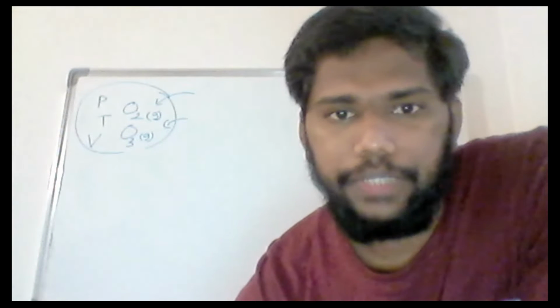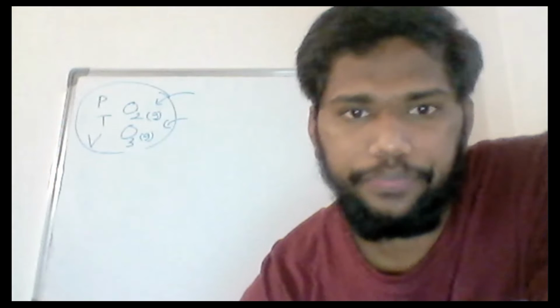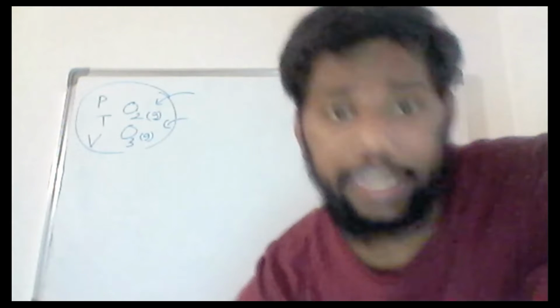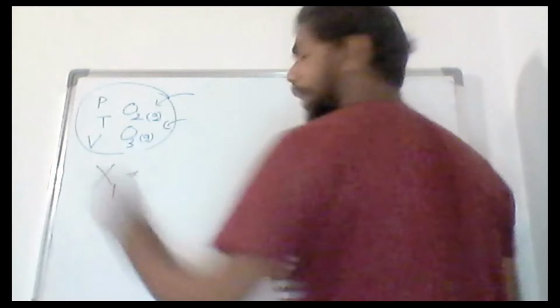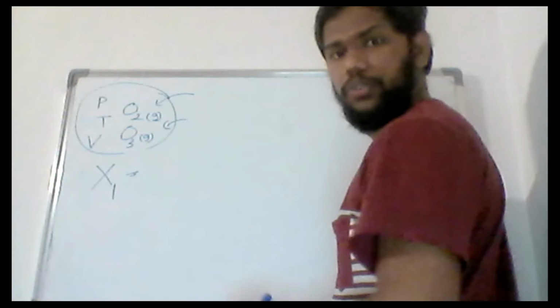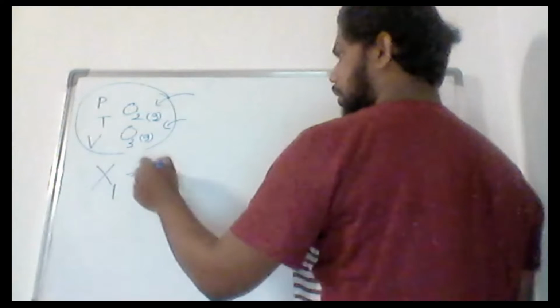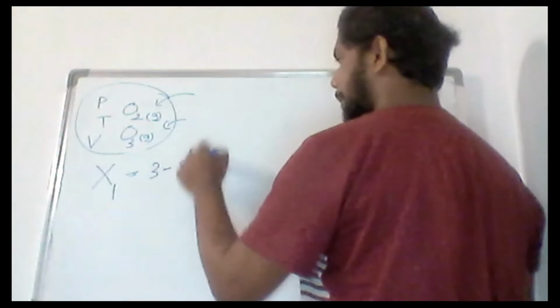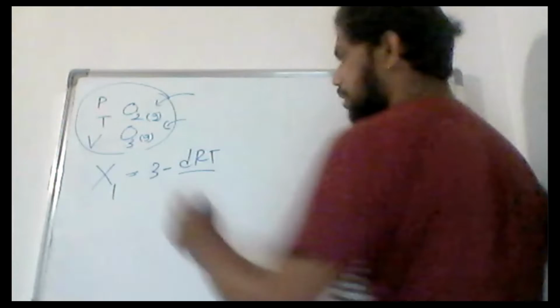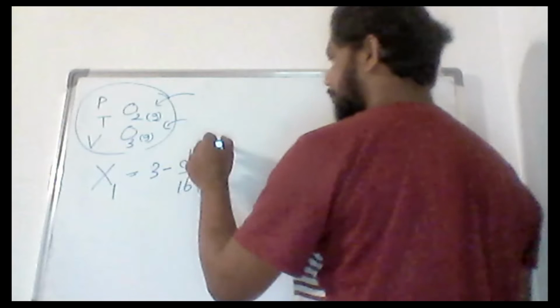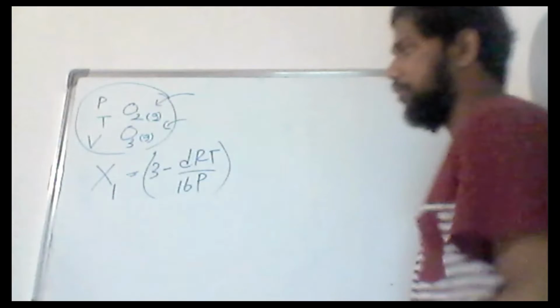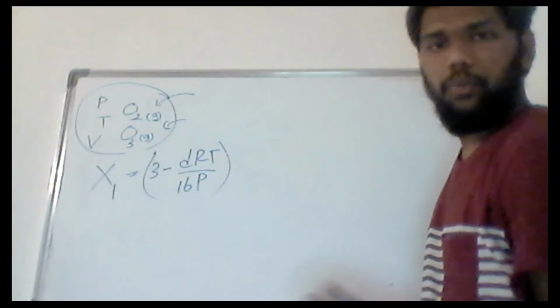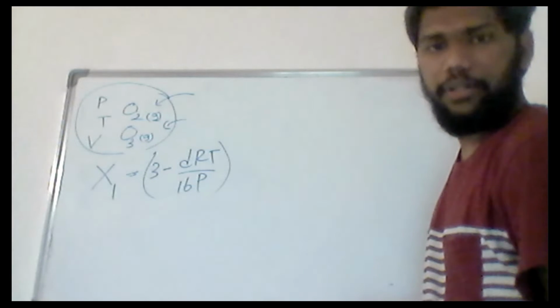Okay, now the last part of this question: hence, you now have to show that x1 is equal to 3 minus dRT over 16P. You have to show this one. But what is the equation that we have now?